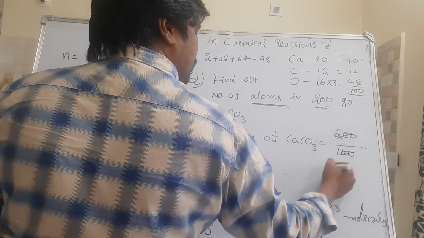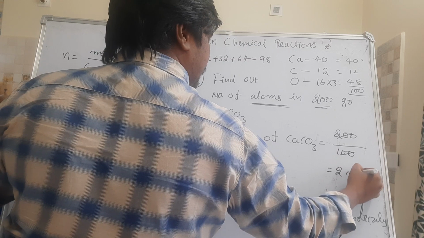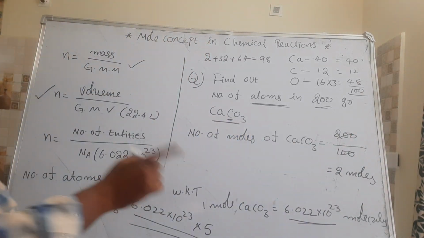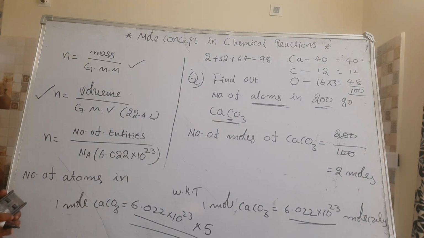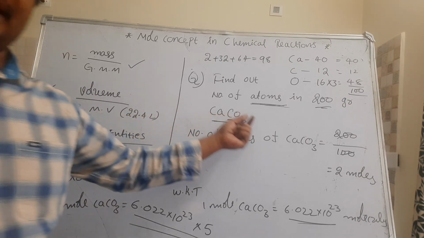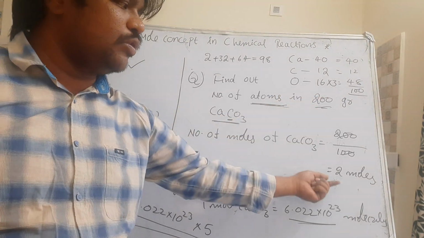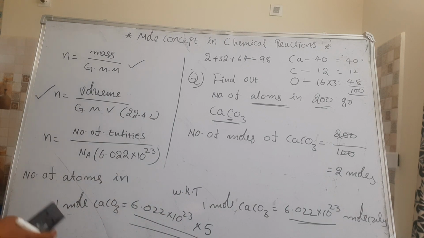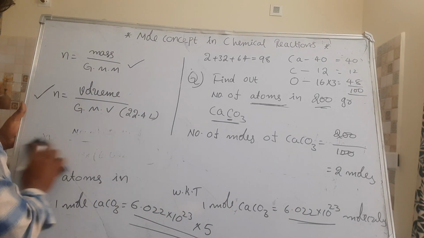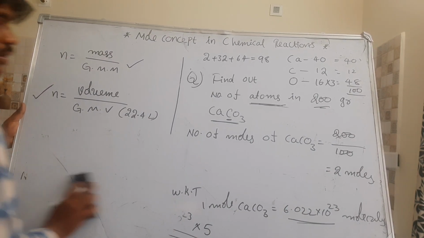So it is nothing but 2 moles. Yes, 2 moles of calcium carbonate they are giving in the problem. 200 grams means 2 moles. Right, students? Now, the same process we have to use.